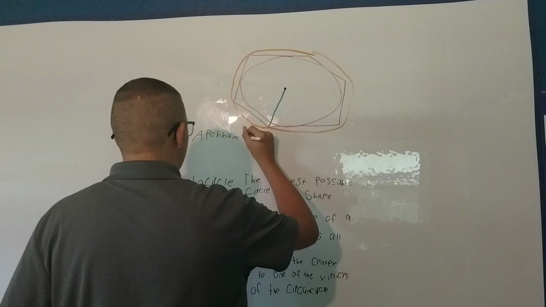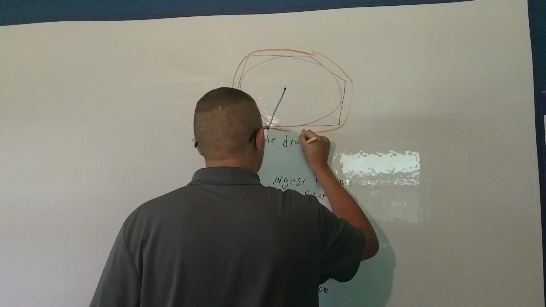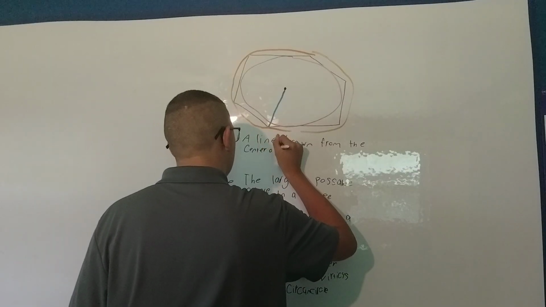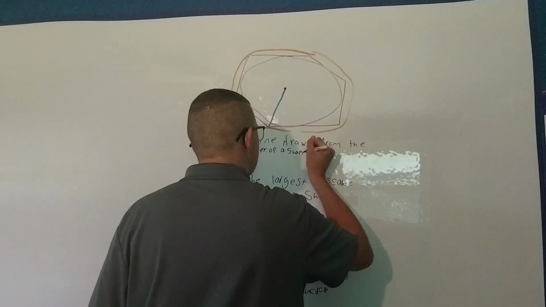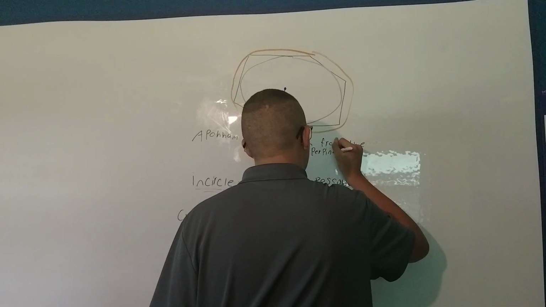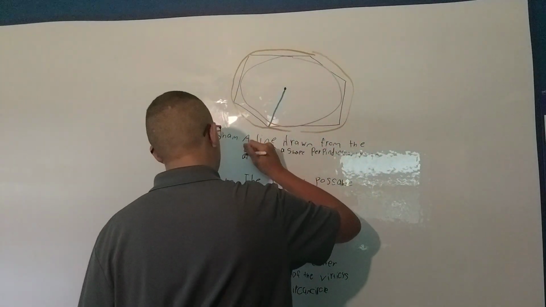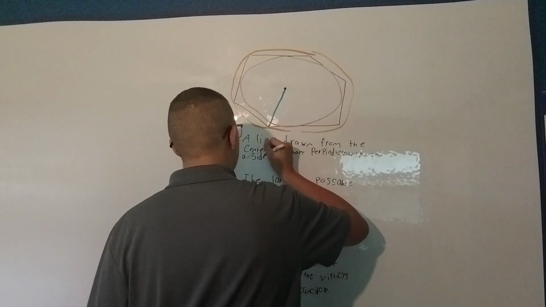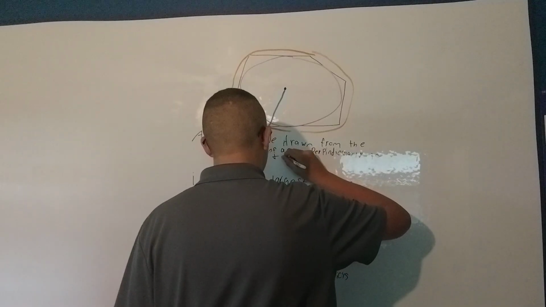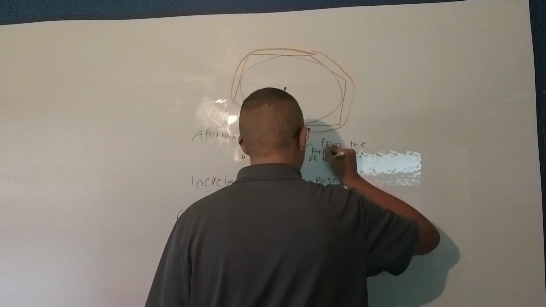The apothem is a line drawn from the center of a shape perpendicularly to a side, and it is the radius of the incircle.